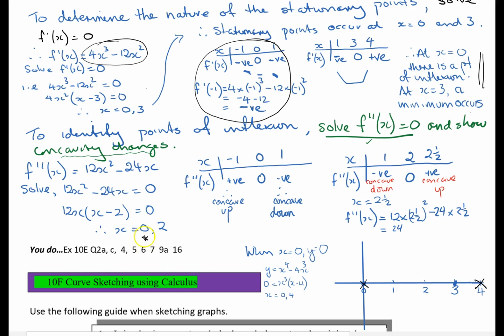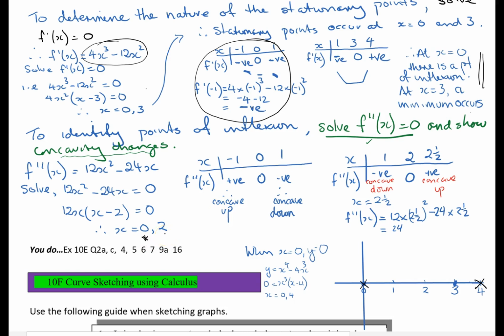The unexpected one, the one we didn't pick up previously, is that there is a point of inflection at x is equal to 2.